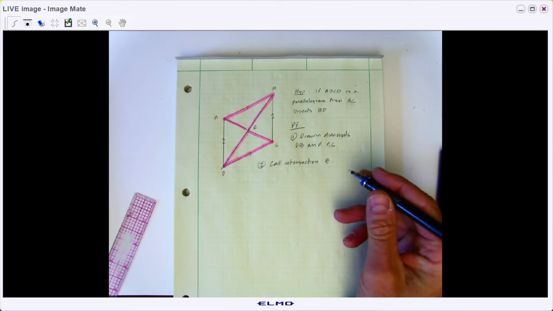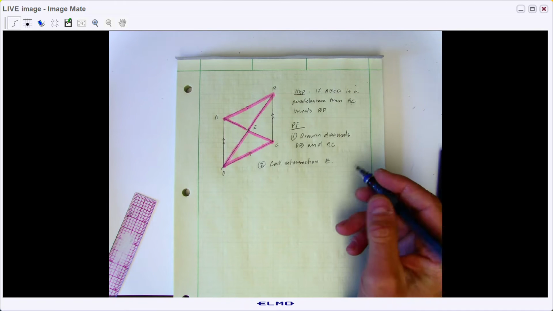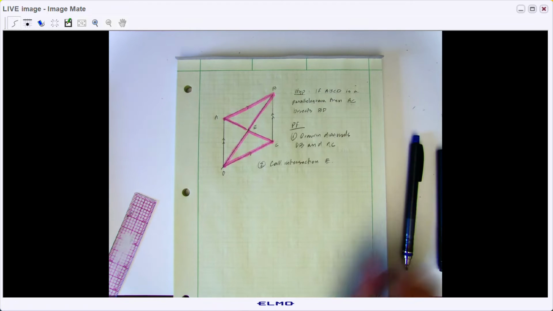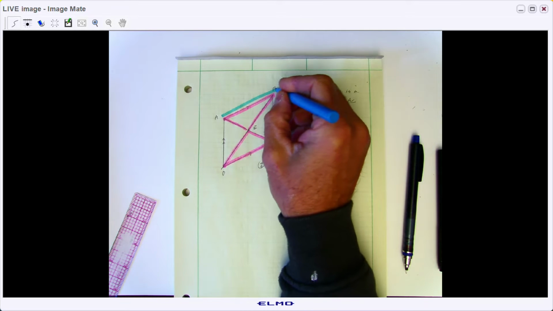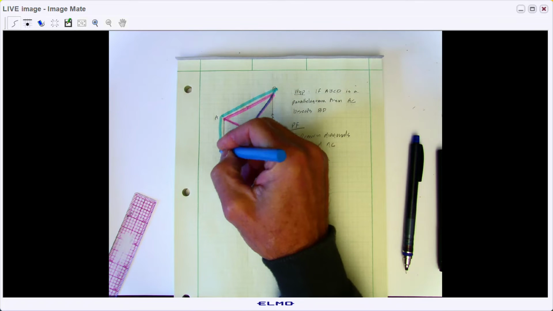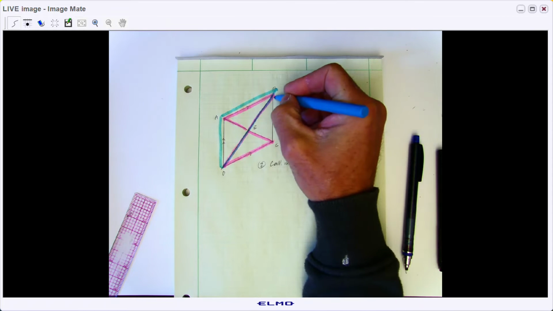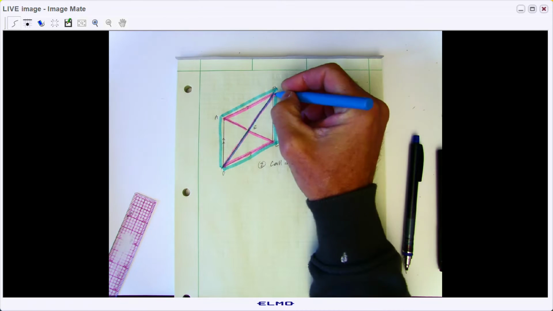Well, one way we could do this is think about trying to prove different triangles congruent. So I'll grab my blue. Maybe I first try to show that this triangle is congruent to that triangle, and I'm going to draw it outside so we can see.